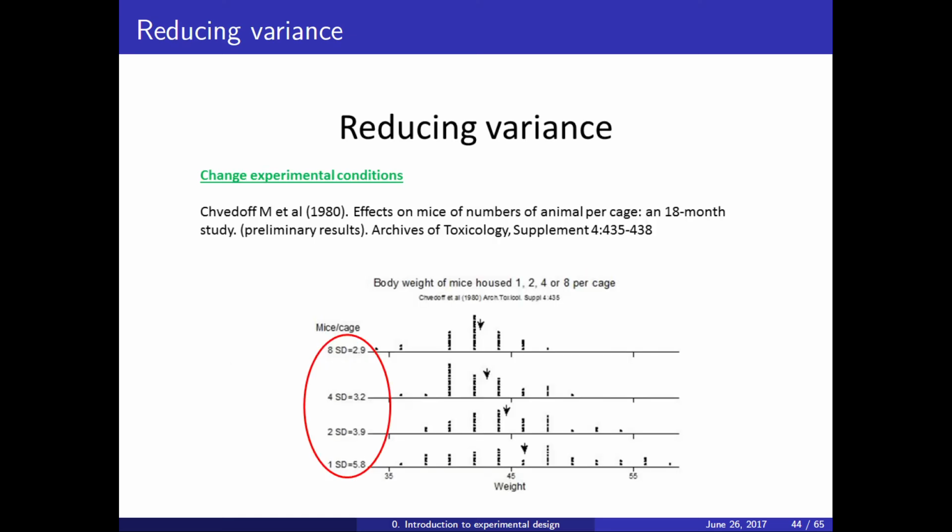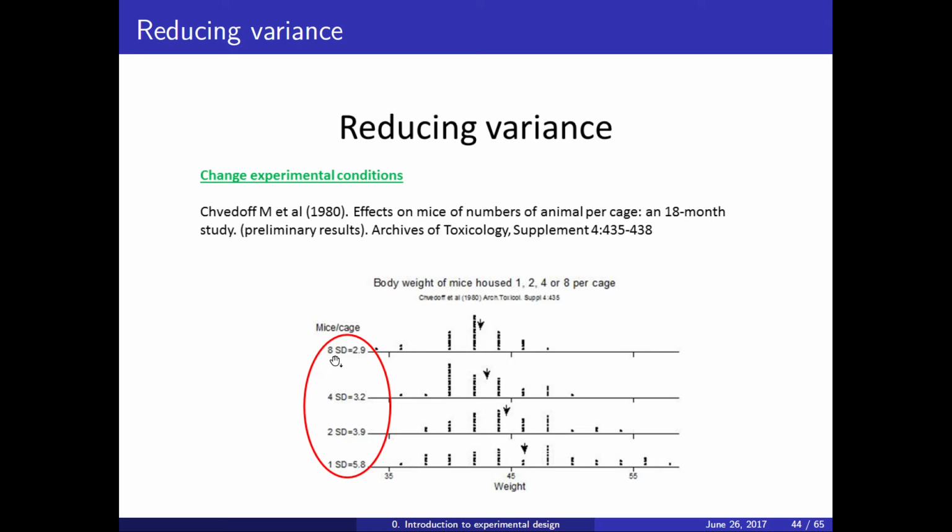Here you have another interesting idea that we normally don't think of: there might be external variables that we don't control, but that are affecting the observations, or the mean of the observations. This is bias, and they are also affecting variance. So for instance, in this example, they measured the weight of the animals when they were housed singly, so one animal per cage, two animals per cage, 4 and 8.